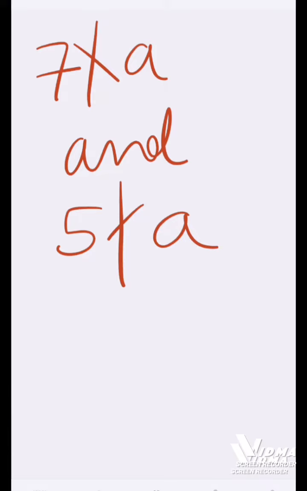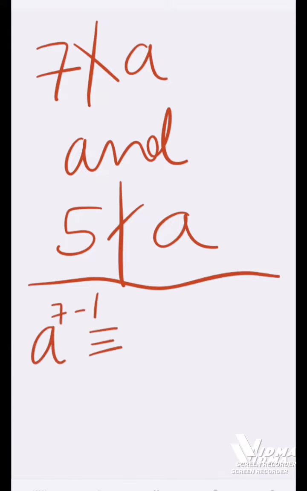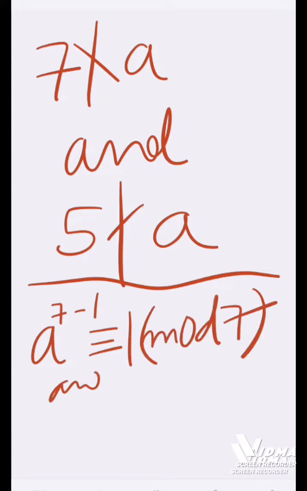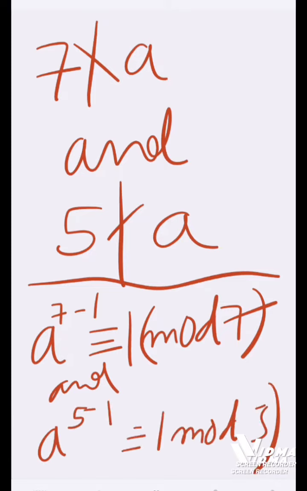So the above two things respectively imply a raised to 7 minus 1 is congruent to 1 mod 7 and a raised to 5 minus 1 is congruent to 1 under mod 5, right?